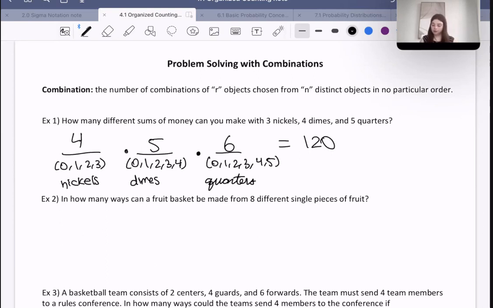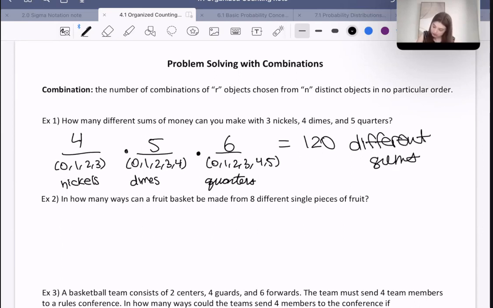So either 120 would be correct, or also if you said 119, I will accept that as well. Because in that case, I'll just assume you decided to take off the 0 ones, right? The ones where there was nothing. Awesome. So the answer here is that there are 120 different sums.